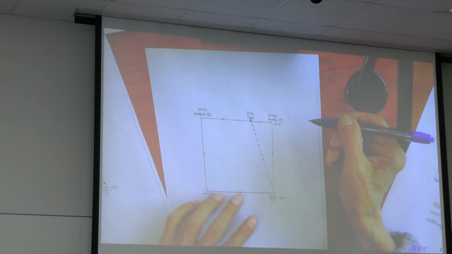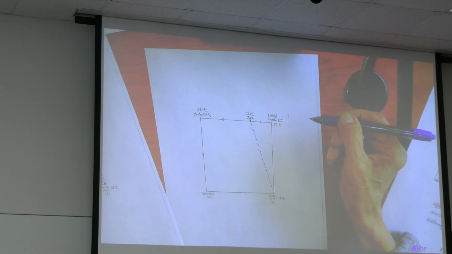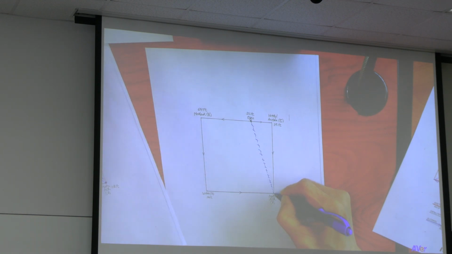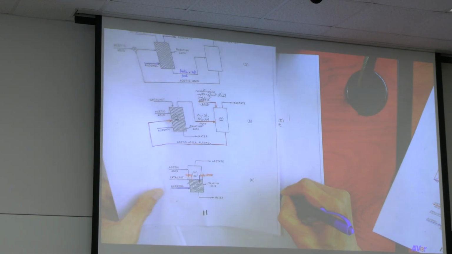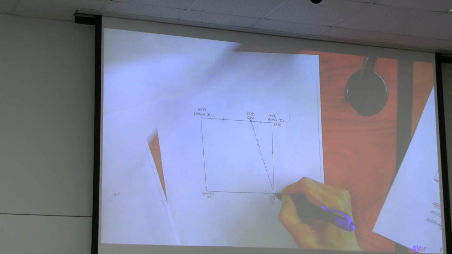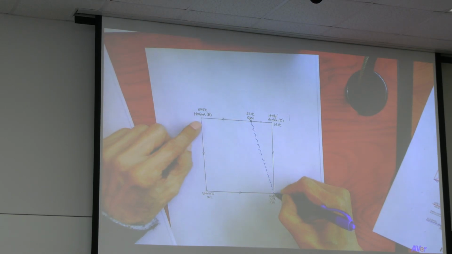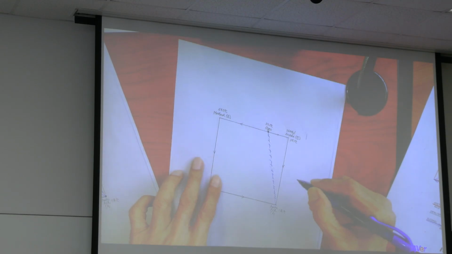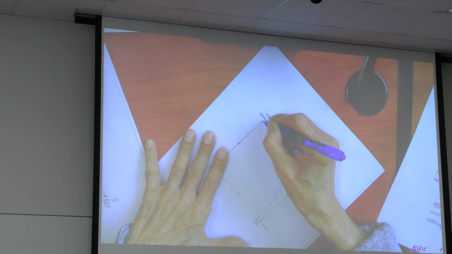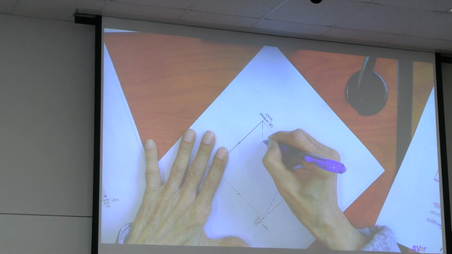So, a mixture of acetic acid and methanol, right? A mixture of acetic acid and methanol must be on this line.